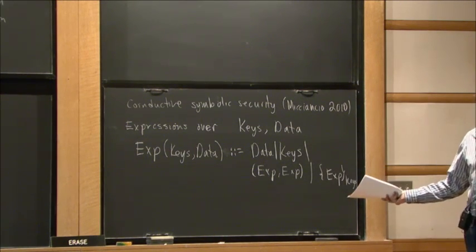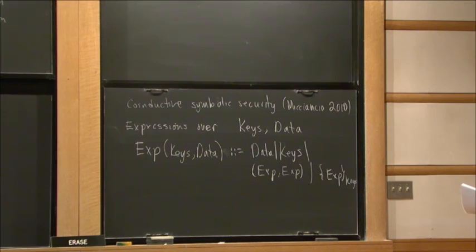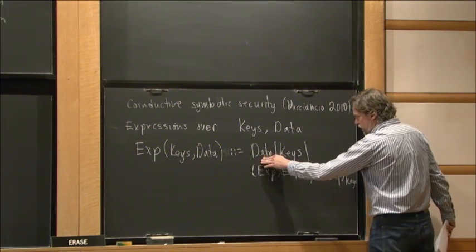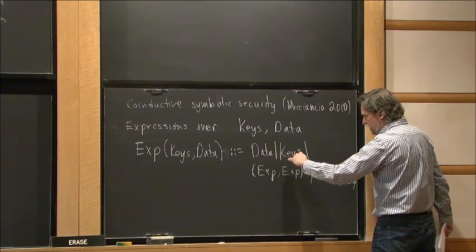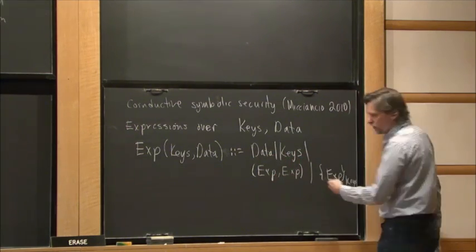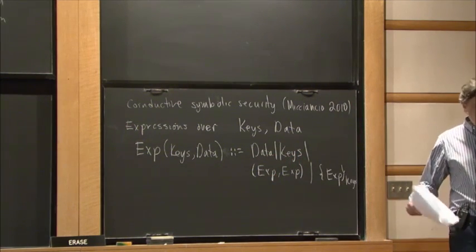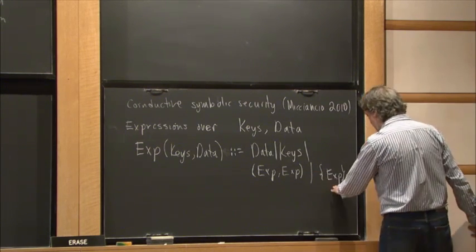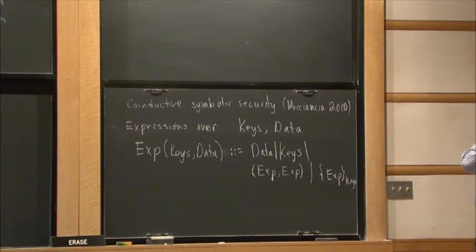You can see the kinds of expressions we're allowing here are quite limited. An expression is either just a piece of atomic data, or a key, and then the only kind of operation we have for building up more complex expressions is pairing. And then, of course, we can have the encryption of an expression under a key.